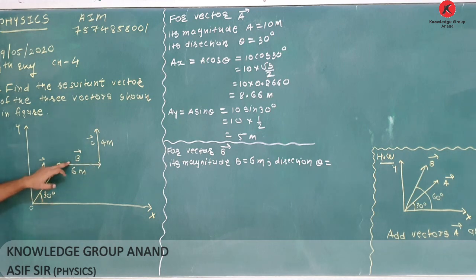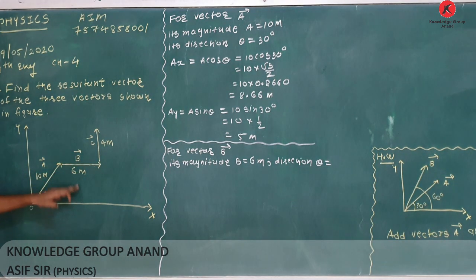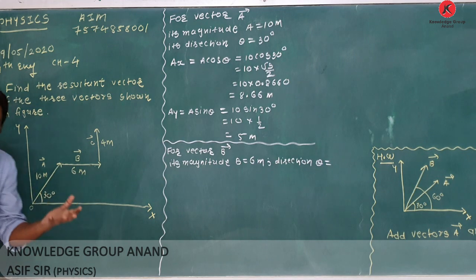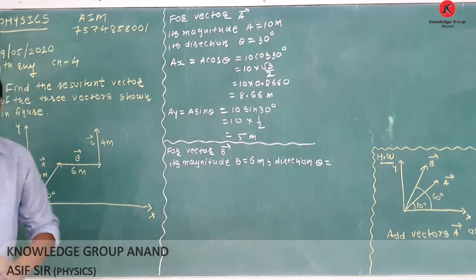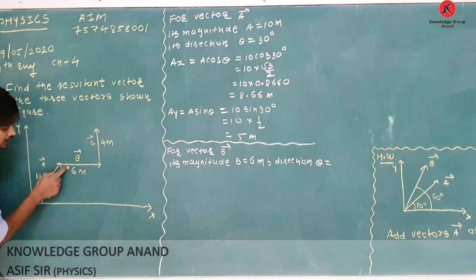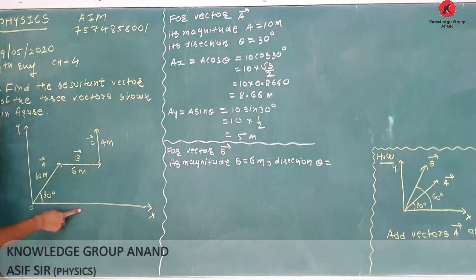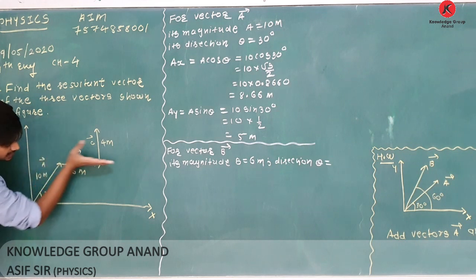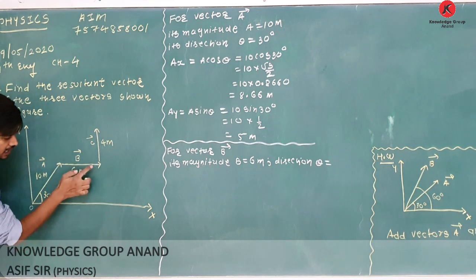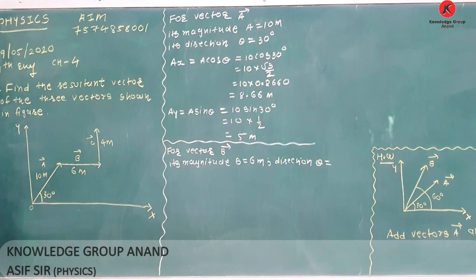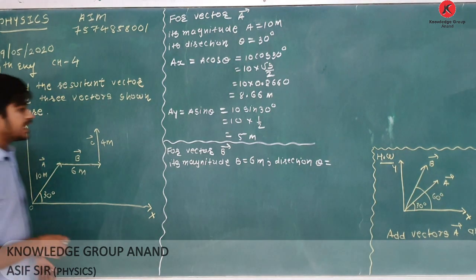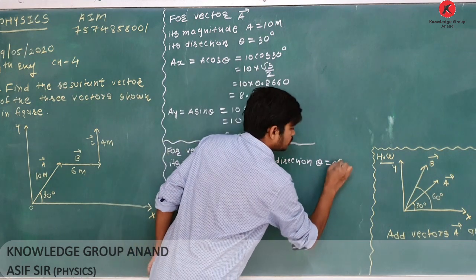When a vector is parallel to the x-axis, its angle with respect to the x-axis is 0, because this vector B is parallel to the x-axis. Or we can say this vector B is in the direction of x. Clear about this? So its direction theta is equal to 0.